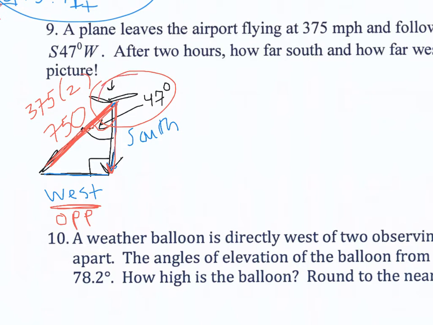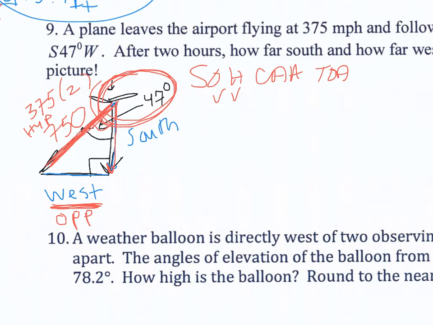So now if I'm working with 47 degrees and I want to find the west side in reference to angle 47 degrees, west is opposite, and I have the length of the hypotenuse. So because I want the opposite, the west, and I have the hypotenuse, I'm going to go with sine.